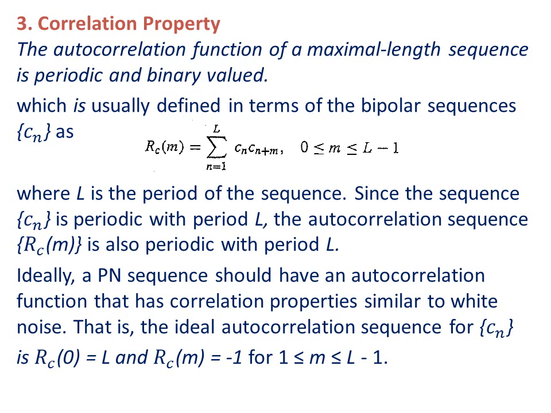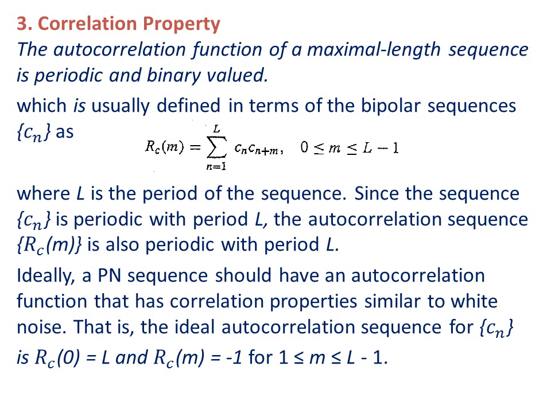It is usually defined in terms of the bipolar sequence Cn, where 1 is represented as +1 and the 0 bit is represented as -1, as Rc(m) is equal to summation n equal to 1 to L of Cn into C(n plus m), where m is nothing but the shift, and m lies between 0 and L minus 1, where L is the period of the sequence. Since the sequence Cn is periodic with period L, the autocorrelation sequence Rc(m) is also periodic with the period L.